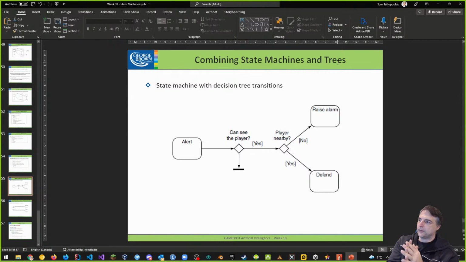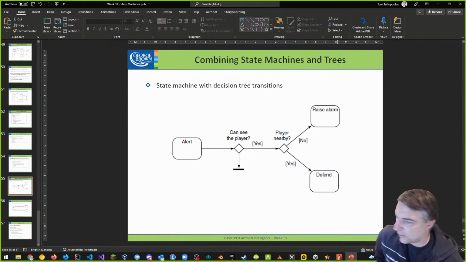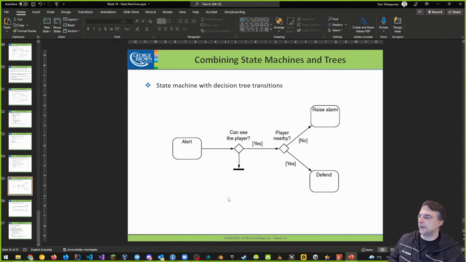And the great thing about this is, here I have an alert state, and here's a tree structure, and I'm in the alert state. Can I see the player? That is a condition. If I can see the player, then is the player nearby? Again, we're in the tree right now at this point. If the player is nearby, then switch to the defend state, and whatever those substates are.